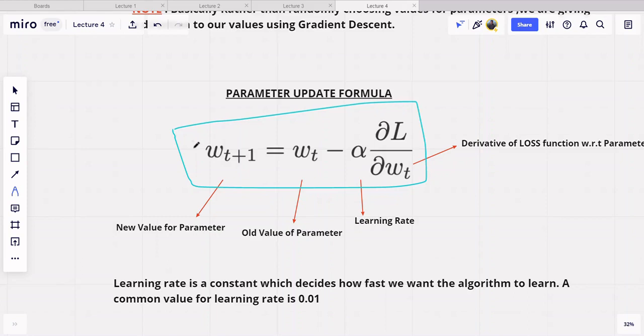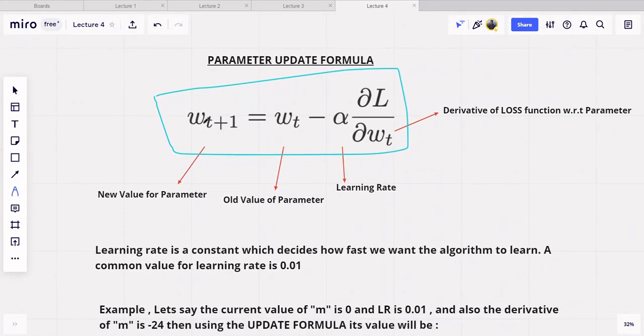Some of you who have studied calculus may get this. Now let's say that this w represents our parameter, and this piece represents the derivative of the loss function with respect to the parameter.